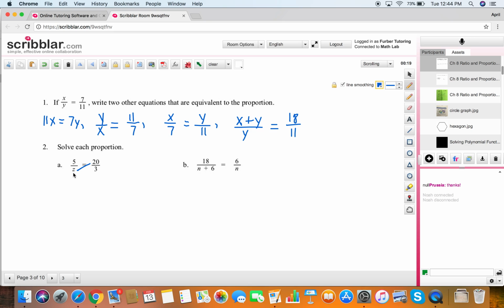So in this case, I'm going to do the z times the 20 and write 20z. And then 5 times the 3 is 15. And then from here, to solve this equation, I just simply divide by 20. And I'm going to put a little thing on there so it looks like a z, because my 2's look like z's. So if I put a z there, 15 divided by 20 can simplify into 3/4 or 0.75.